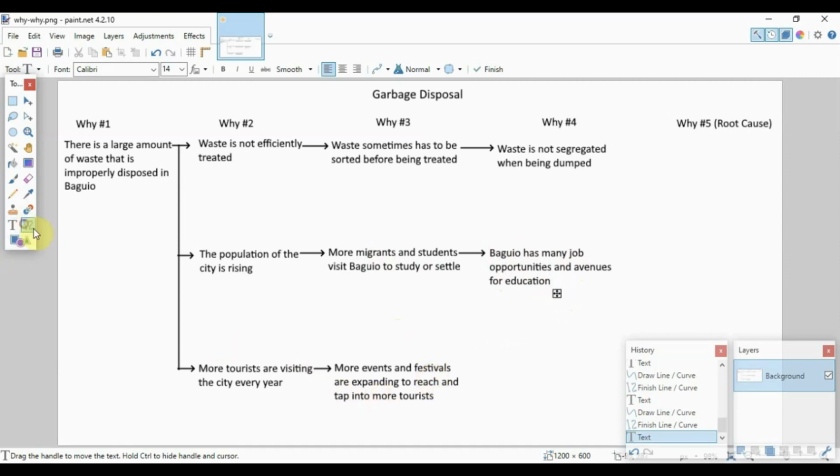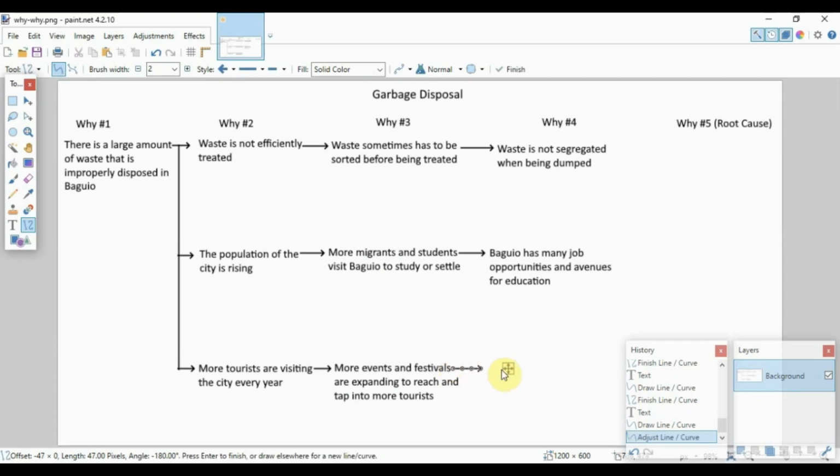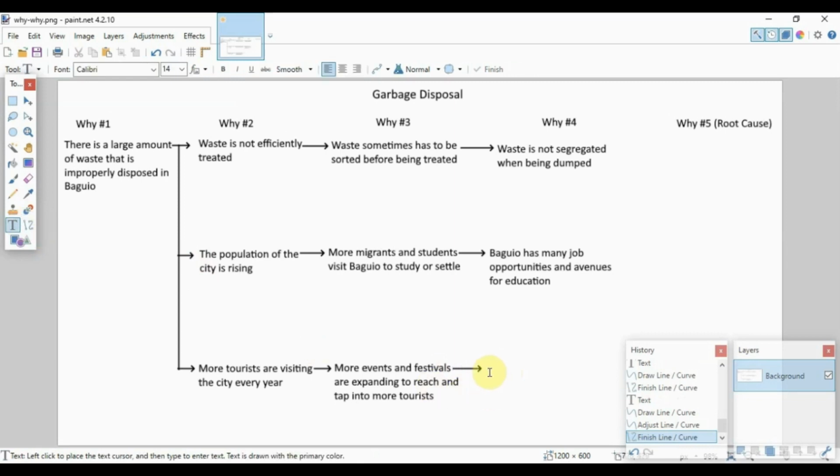What about this one? More events and festivals are expanding to tap into more tourists. What could be the reason for that? Why is the question we're asking. Well, the reason could be this. Local event planners, so these are the people, in other words, who are organizing and planning out the festivals and other events, and let's say LGUs are trying to increase profits from more customers outside Baguio.